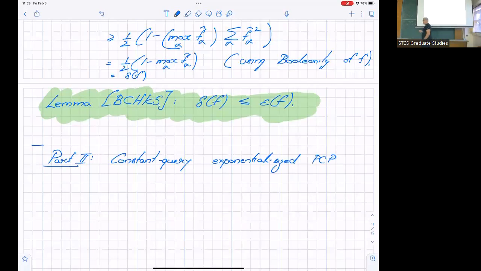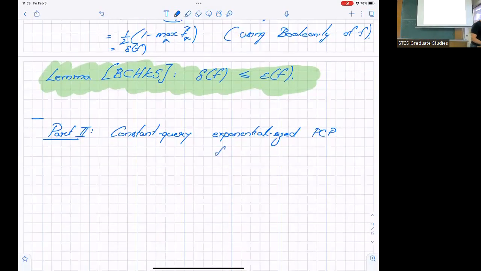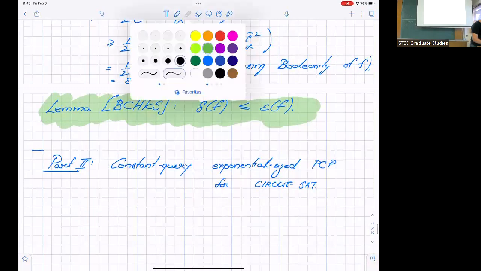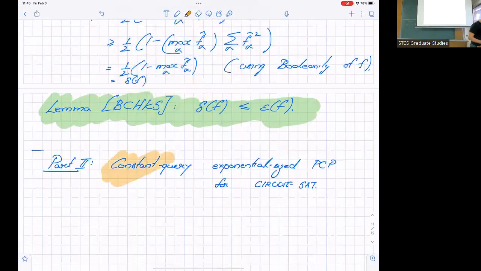But we will not construct it for just the linear problem. We'll actually construct it for an NP-complete problem, particularly circuit SAT. We will use what we did in the first part of the lecture to construct a constant query exponential size PCP for circuit SAT.